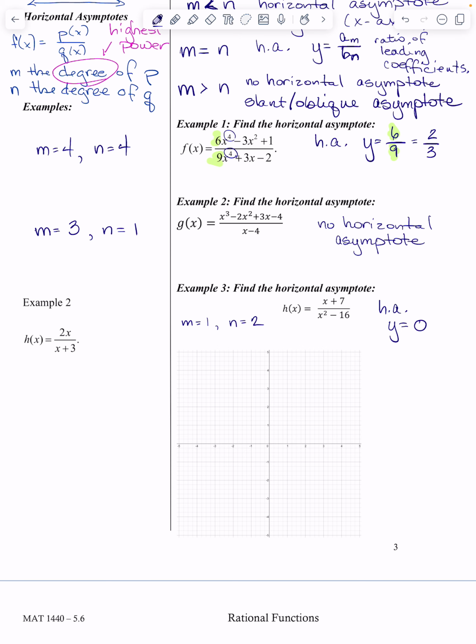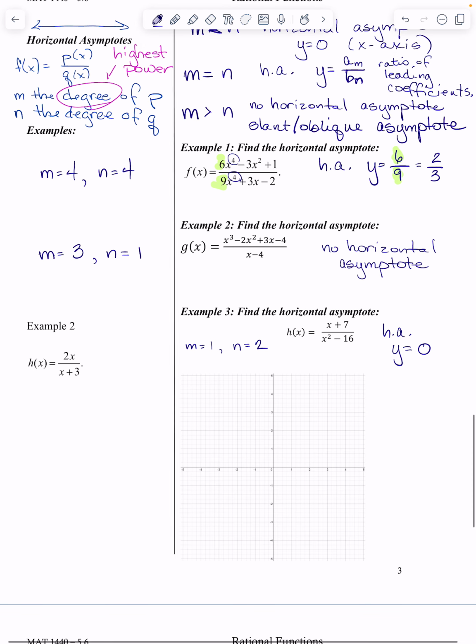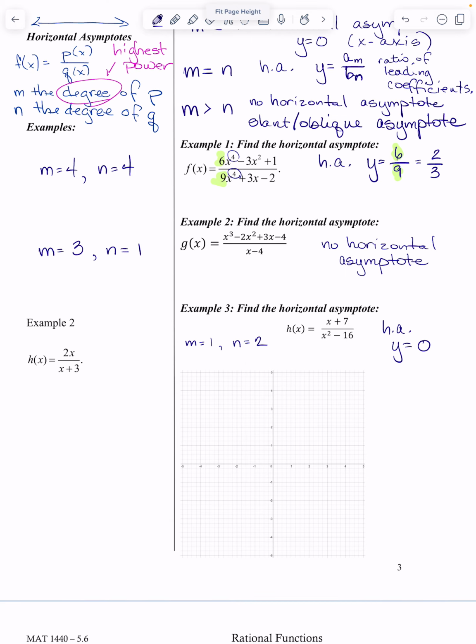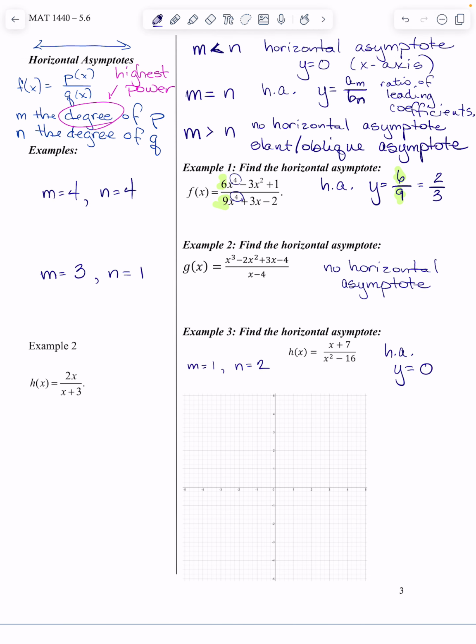Okay. Now let's take a look at example 2, listed over here, h of x equals 2x over x plus 3, and use everything we have to graph this. So I always start with the denominator.